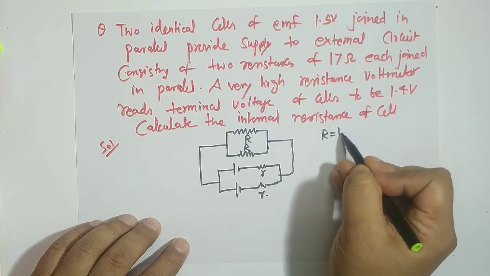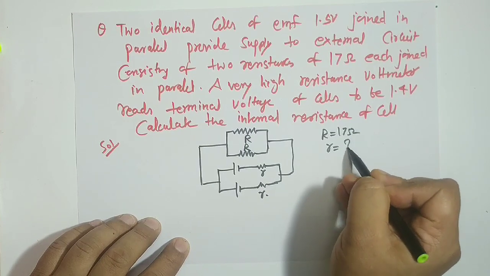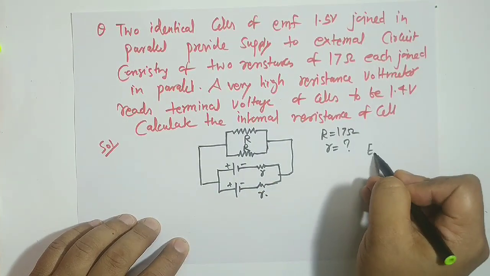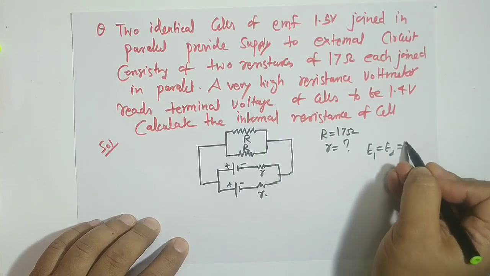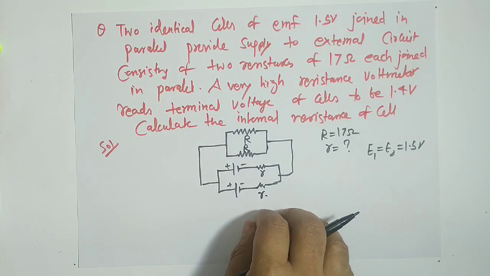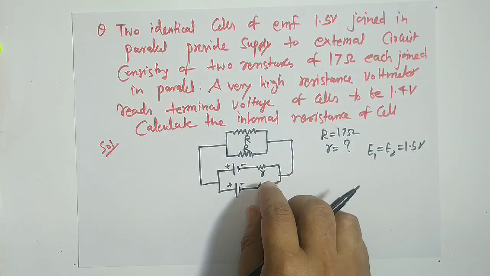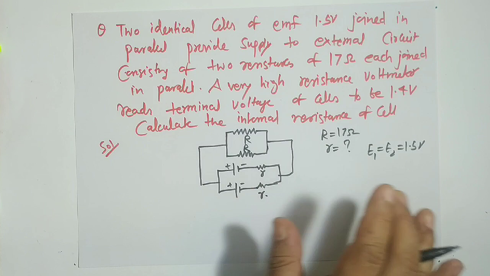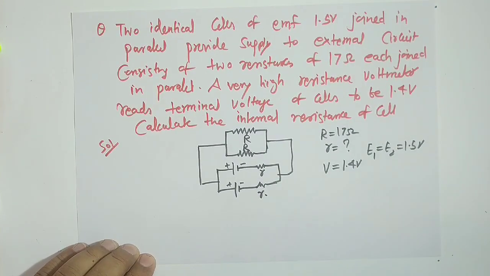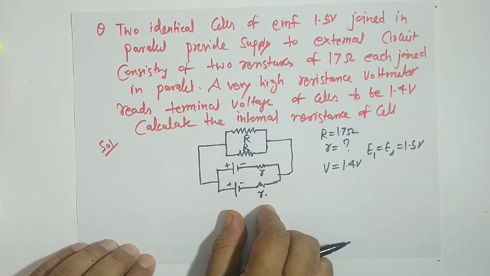So R is given, 17 ohm. Small r we have to calculate, and these cells have EMF E1, E2 as 1.5 volt. Okay, got it? And the potential difference of the cell is given as 1.4 volt when we take a voltmeter across it.